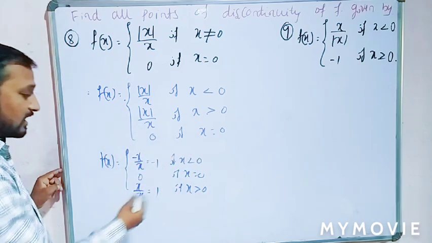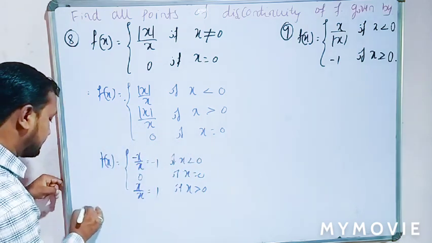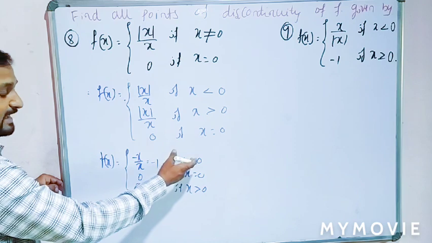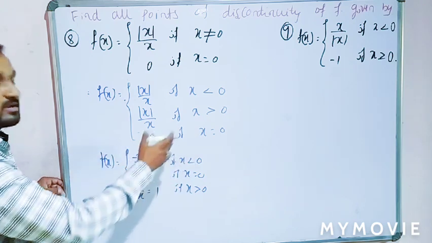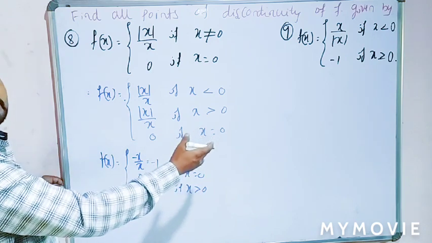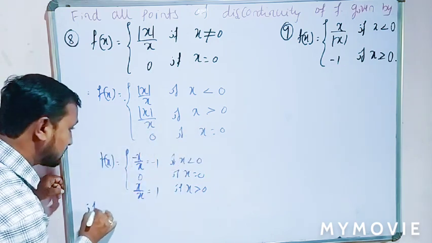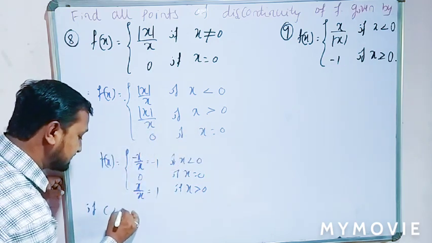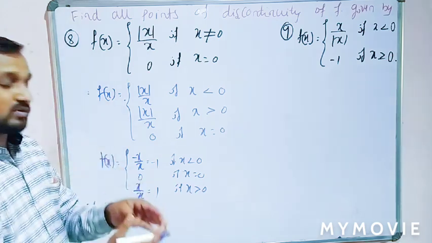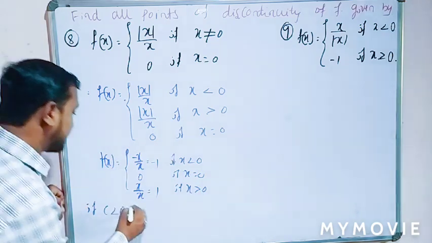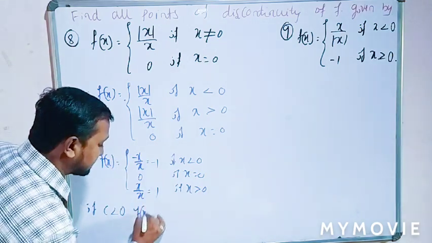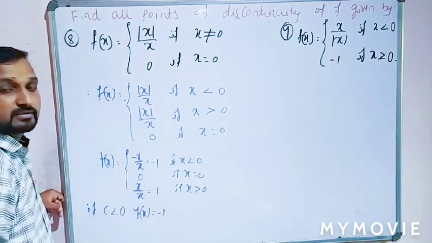So then obviously you write case 1: if x is less than 0, or c is less than 0, f of x equal to minus 1 is a constant function and it is continuous. Same if c is less than 0, the general function at x equal to c, every real number less than 0, then f of x should be minus 1.